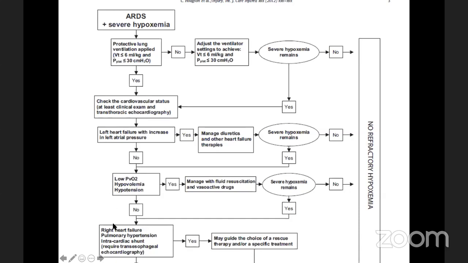If there is still hypoxemia, or no finding of that, you will go for more assessment for right heart failure, because it can be common with ARDS, developed because of high PEEP and hypoxemia. It can cause acute RV failure, and some patients develop pulmonary hypertension and pulmonary intracardiac shunt, so you need further assessment by echo.